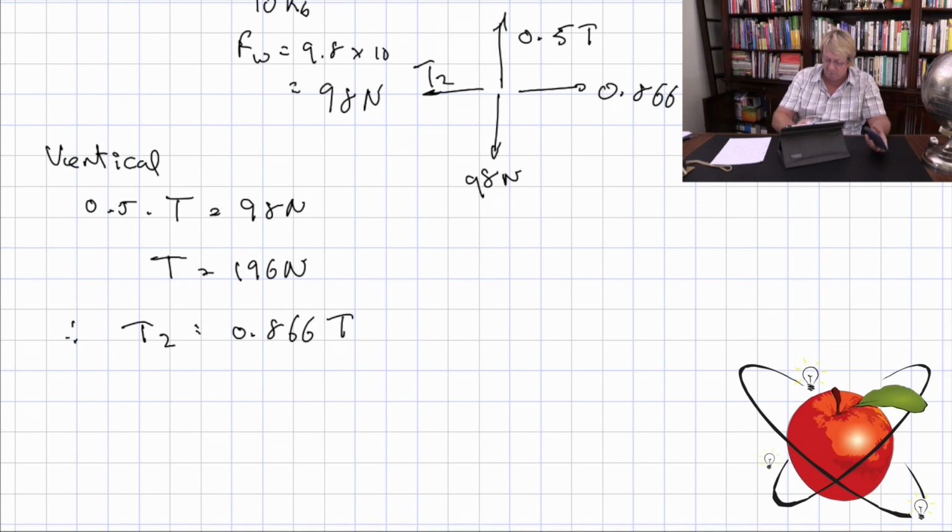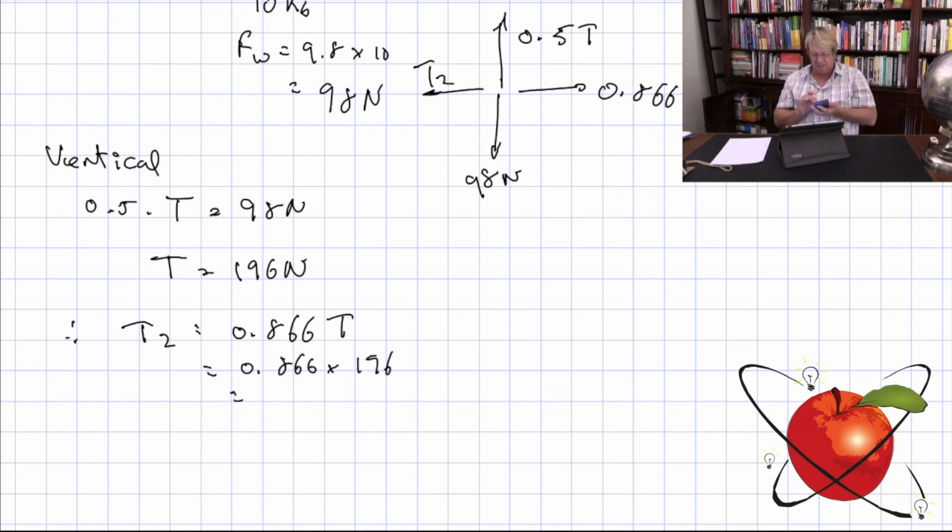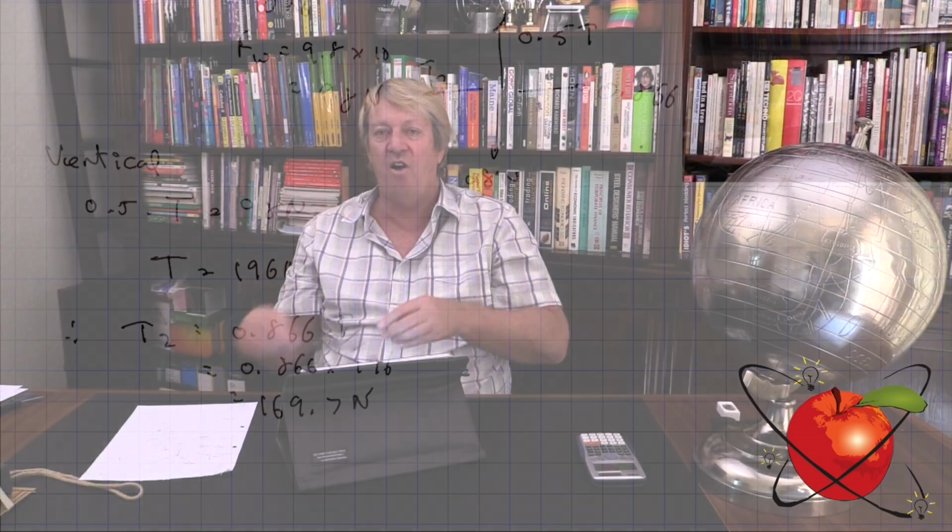T2 is going to be 0.866 times 196, which is equal to 169.7. So therefore, the tension in the horizontal string in our diagram was equal to 169.7.